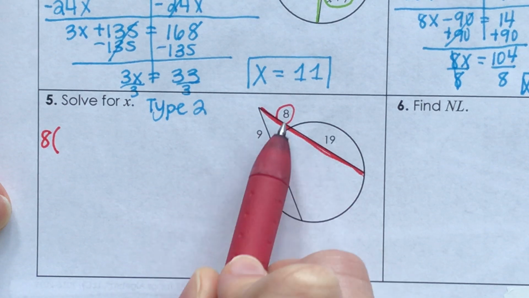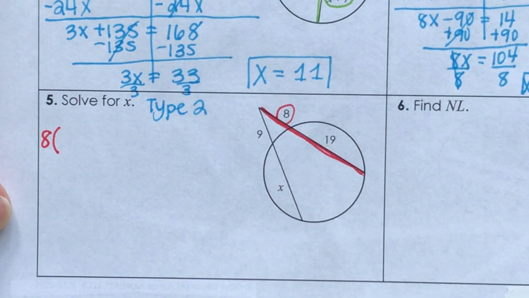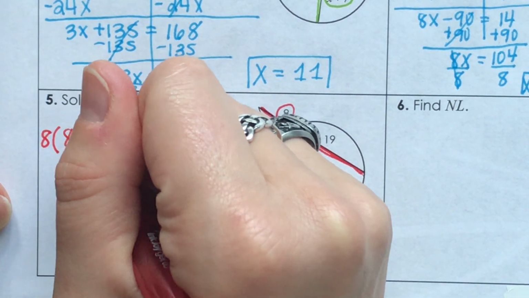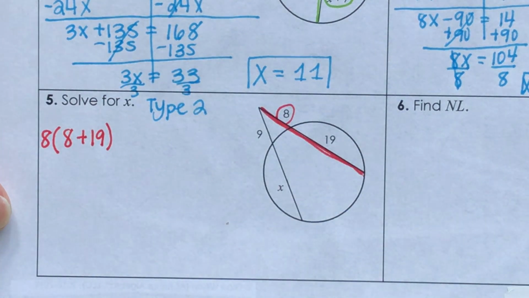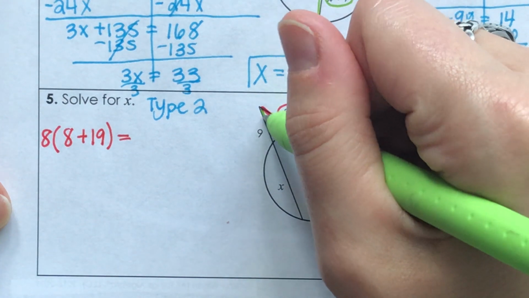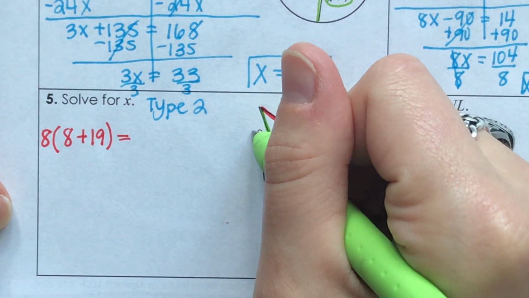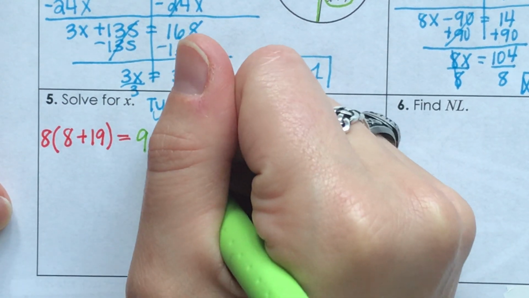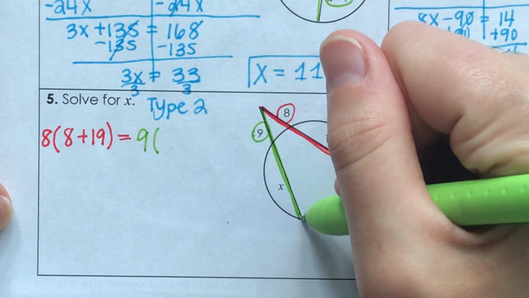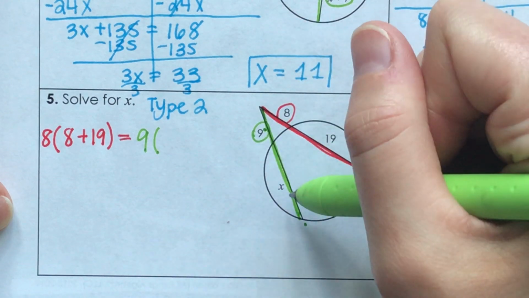And this whole segment is 8 plus 19. That's the red secant. Now we're going to do the other one. Same sort of thing. I'm going to take the outside number, which is 9, and multiply it times this whole segment, which is 9 plus x.